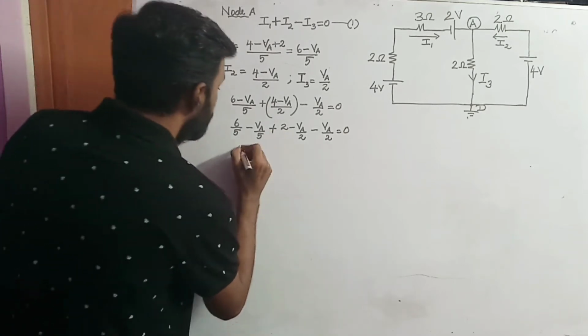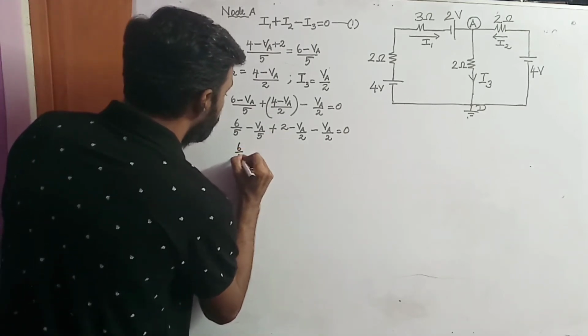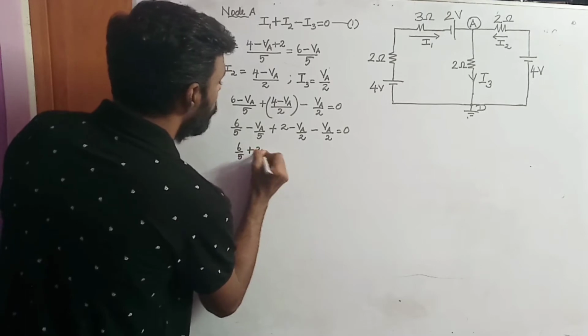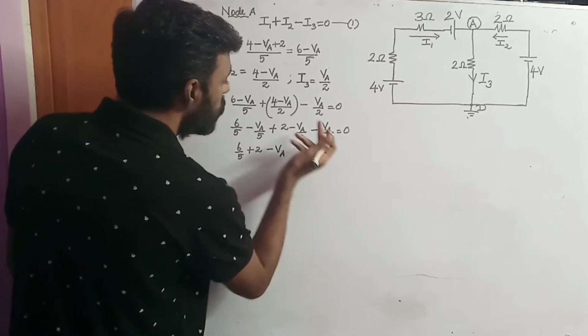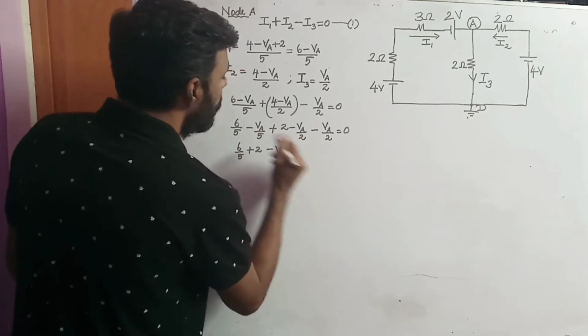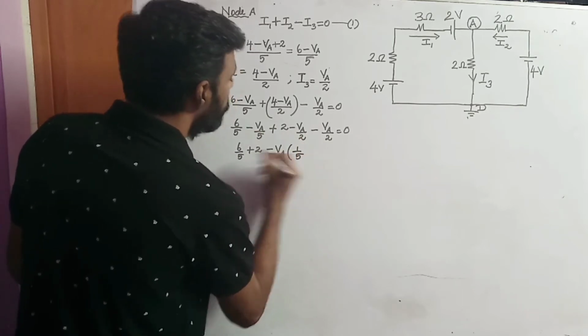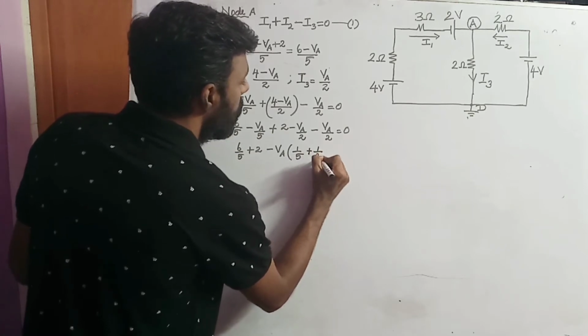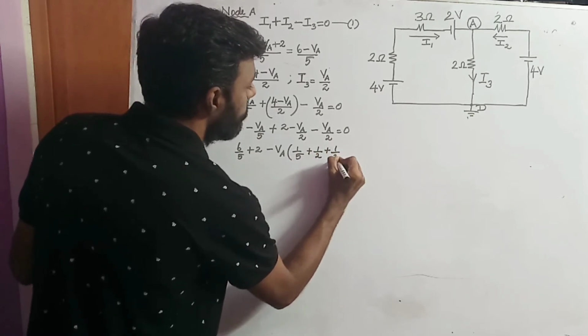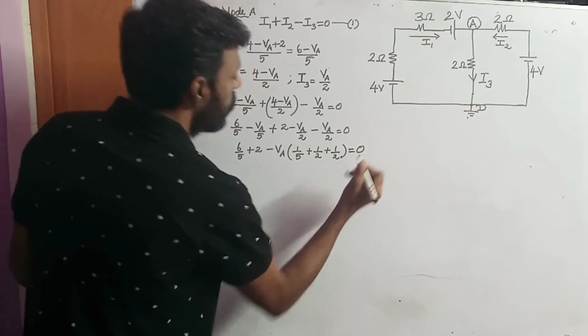Now taking these terms, 6 by 5 plus 2, and minus VA taken common outside the bracket, it will be 1 divided by 5 plus half plus half, equal to 0.